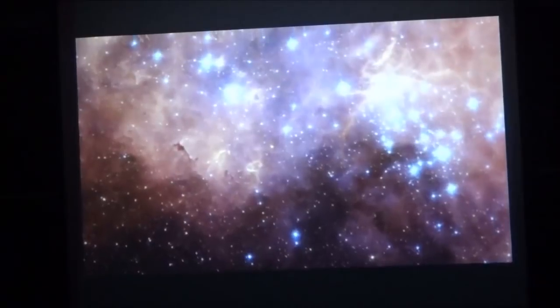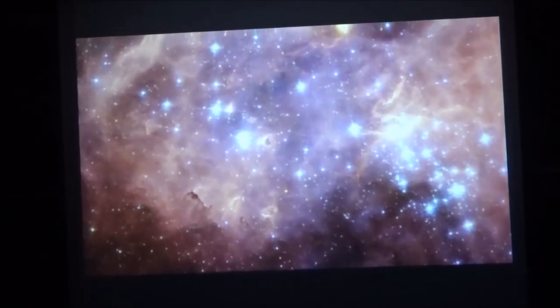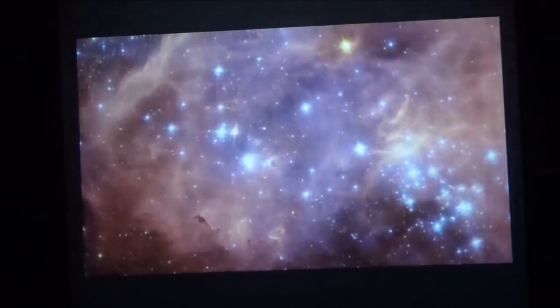This region of energetic star formation is one of the most active in the nearby universe. This is the Hubblecast, news and images from the NASA ESA Hubble Space Telescope.